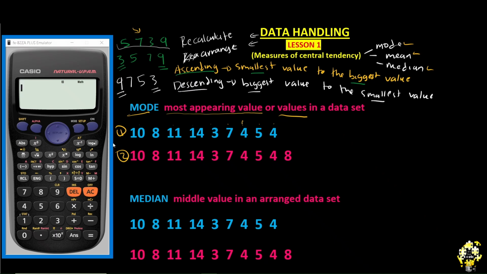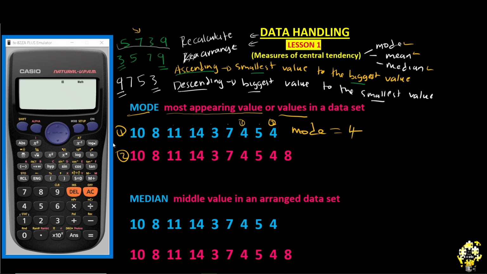Well, we have the first 4 and we have the second 4. So that means that 4 is the most appearing value. Therefore, if the question was to give us the mode for data set number 1, our mode here was going to be 4.